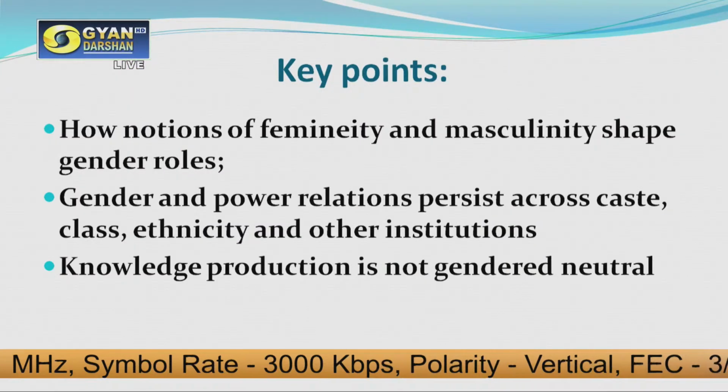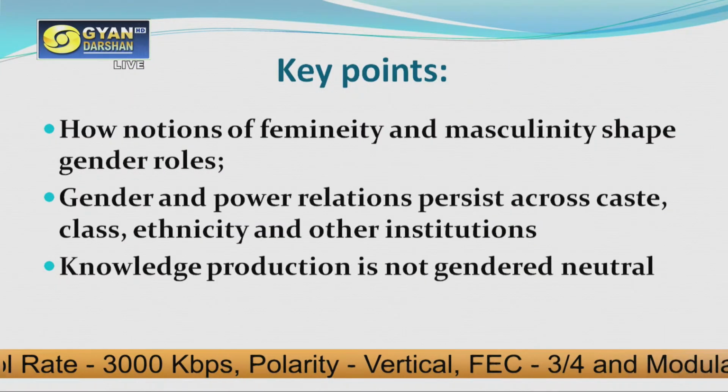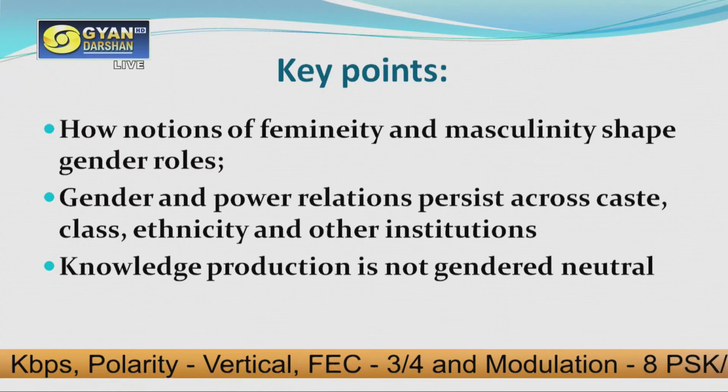Knowledge production is also not gender neutral. As I explained to you earlier, there is no gender neutrality when we are talking about science or the practice of science, or doing science. It is gendered in nature.